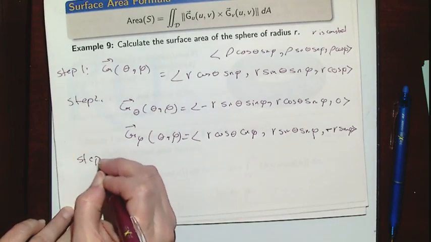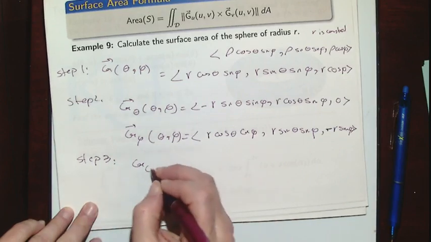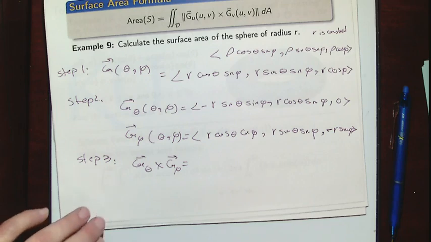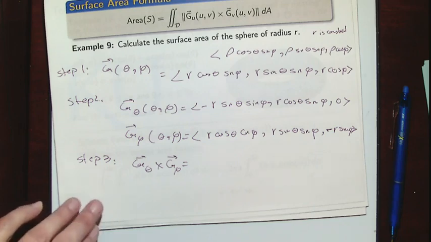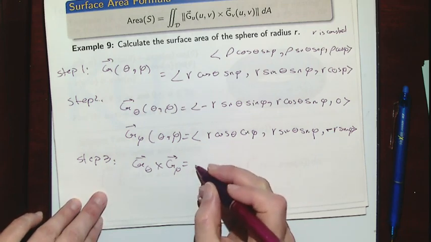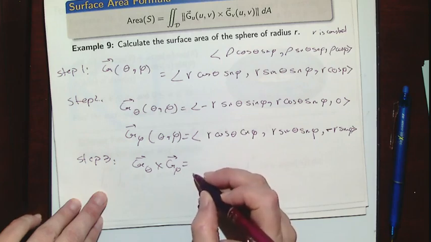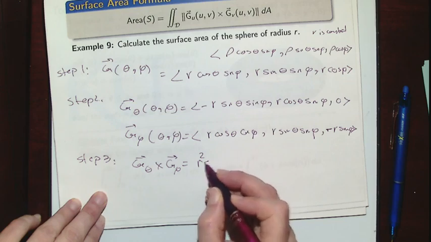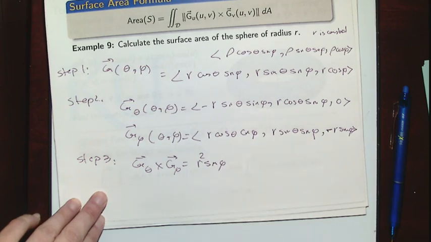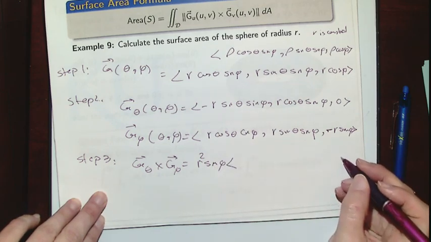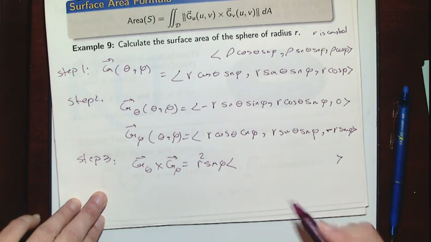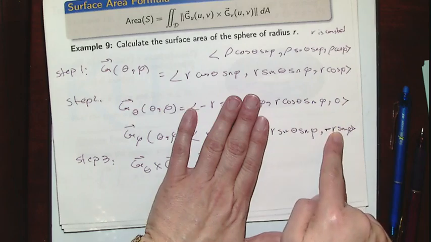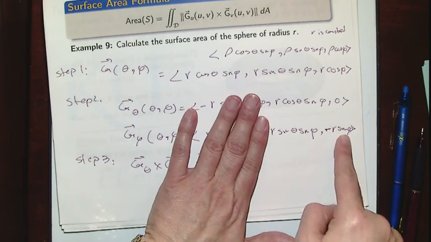Step 3, cross them together, right? You've done this multiple times. It's ugly, right? Do you remember what happens? I will have an r squared sine of phi, correct? And then what else is left? As I'm crossing, I'm looking at this. I get negative r squared sine squared phi.